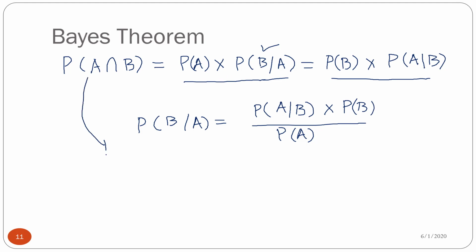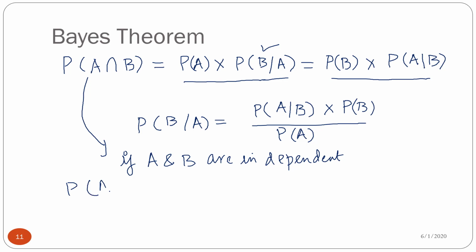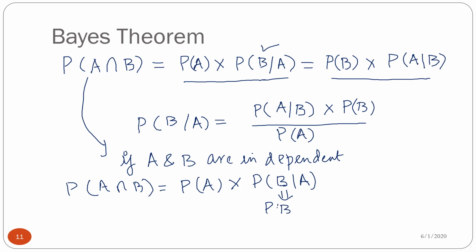For the independence case, if A and B are independent, then probability of A intersection B is equal to probability of A multiplied by conditional probability of B given A. But since these are independent of each other, it will be the same as probability of B. So what's the condition of independence of two events?